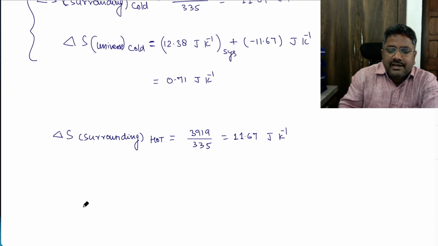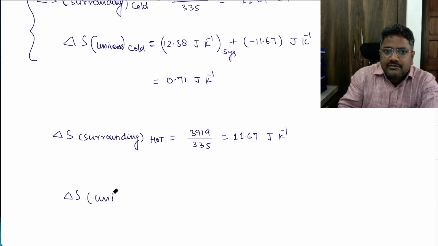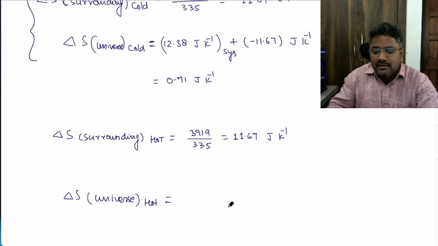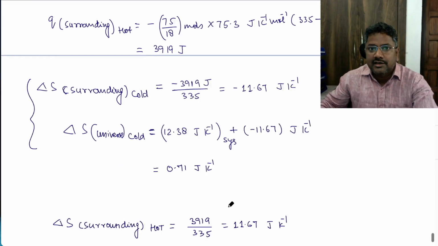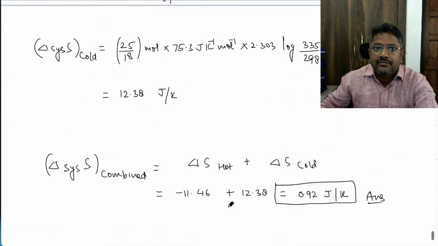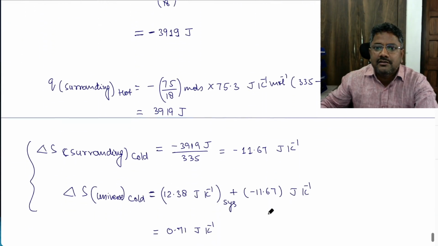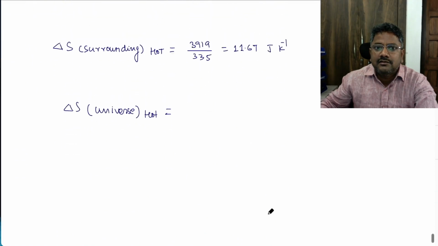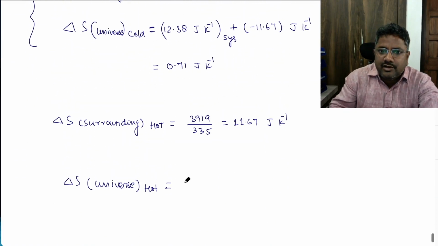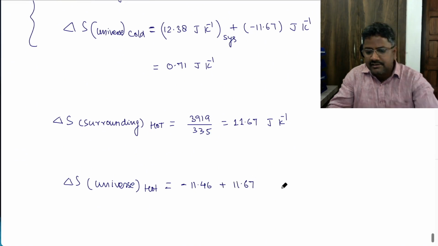Now delta S universe with respect to hot is equal to, the system we have calculated for hot, minus 11.46 plus 11.67, right?